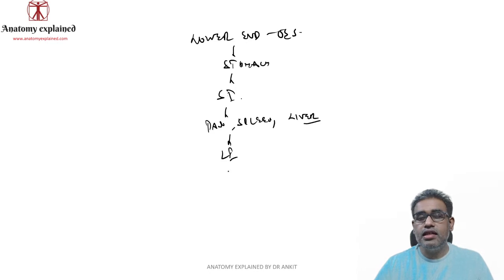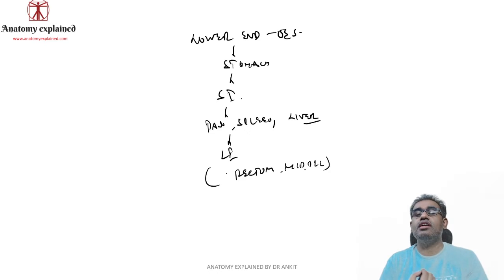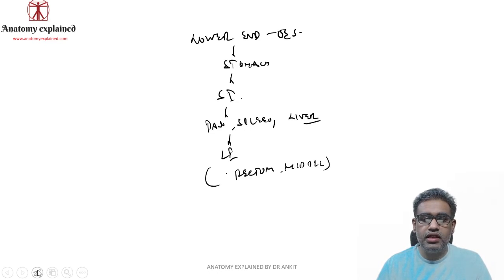From there it went to the large intestine, up to somewhere in the middle of the rectum. So this whole area is covered by the portal circulation and its tributaries.